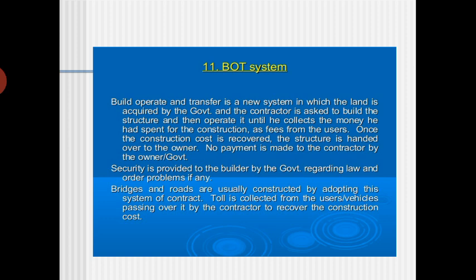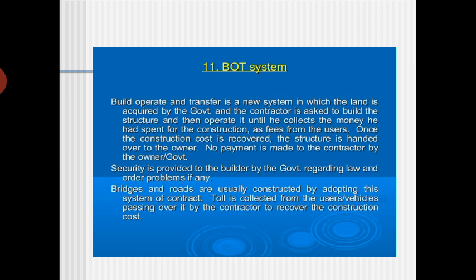Bridges and roads are usually constructed by adopting this system of contract. Not only the Awas Yojana, even for bridges and roads, the contractor will build and operate, meaning maintenance for about 2 or 3 years.